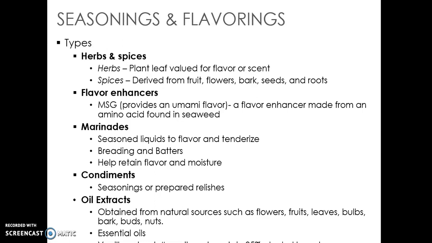Then there's also flavor enhancers, or MSG, which provides umami flavoring, which we definitely talked about, found from an amino acid. Marinades are added liquids to flavor and tenderize, specifically meat, but can also be made for vegetables as well. And then other ways you can do this is with breading and batters because they help retain flavor and moisture.